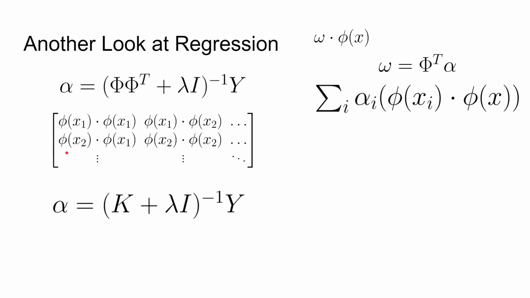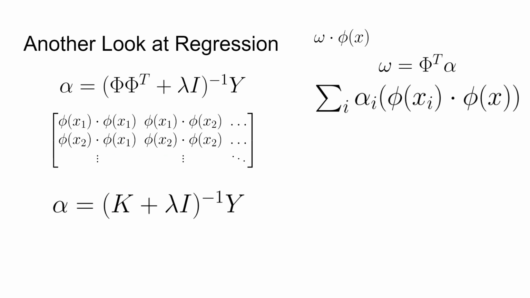That's pretty familiar. We had to make that matrix in support vector machines. That's the dot product of everything with itself. That's the big K matrix. So what we're indicating here is that with regression, we can do exactly the same trick that we did with support vector machines. We can use the kernel trick.